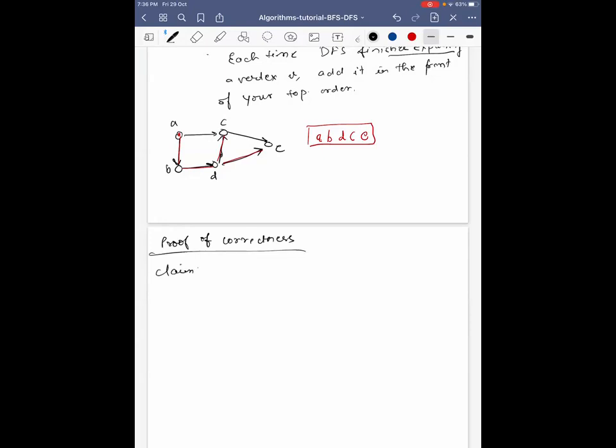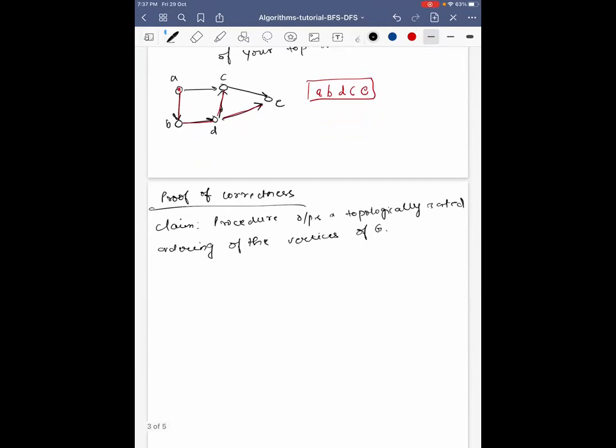So the claim is that the procedure outputs a topologically sorted ordering of the vertices of G. Essentially what we have to show is, given any edge directed from I to J, that I will always appear before J in the ordering.